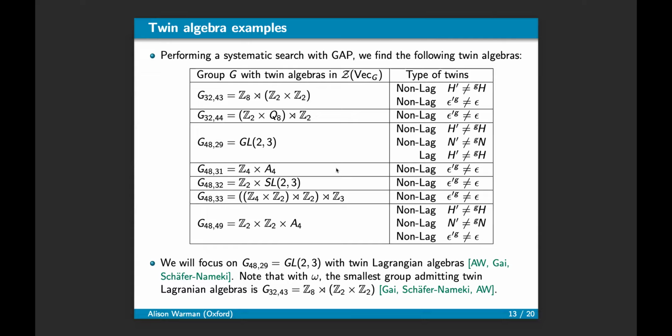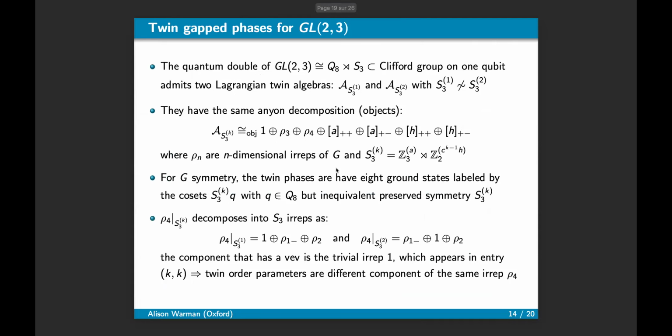For example, this group at order 32 has twin Lagrangian algebras even if we introduce an anomaly. And we see here that we have all different types of twin algebras. And the groups here aren't that large, with orders between 32 and 48. So let's come to some more details about this group GL23 of order 48 that has twin Lagrangian algebras, even with no anomaly.